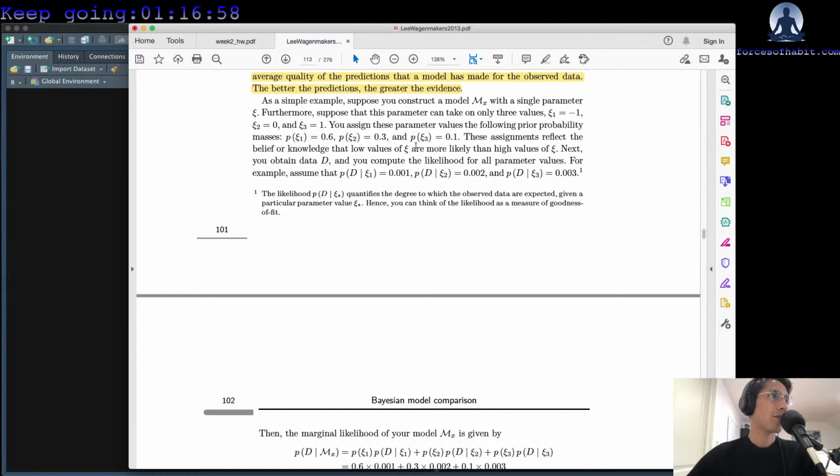That's a reflection of our belief. And what this means is that there's high probability that the true value of the parameter of interest is low, this is -1, while there's low probability that the true value of the parameter is high, which is 1.